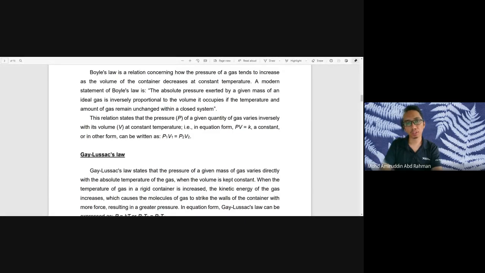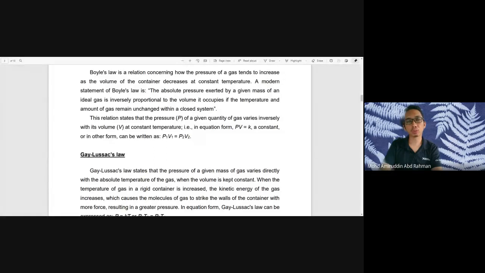What caused the change of the pressure is the volume. Let's say the volume before was 3 meter cube, but now it becomes 1 meter cube. That's why the pressure increases when you decrease the volume.